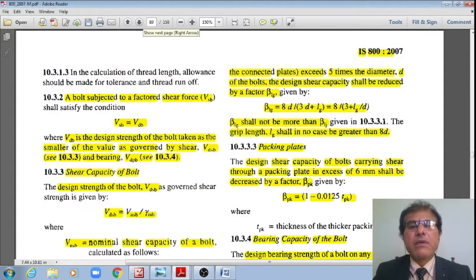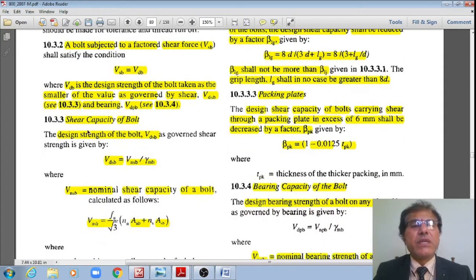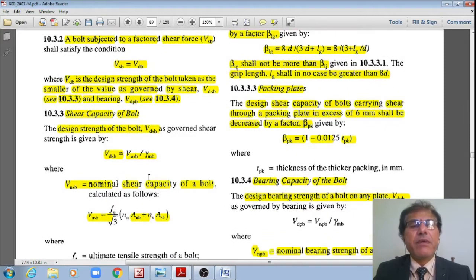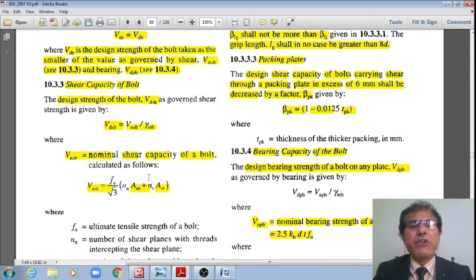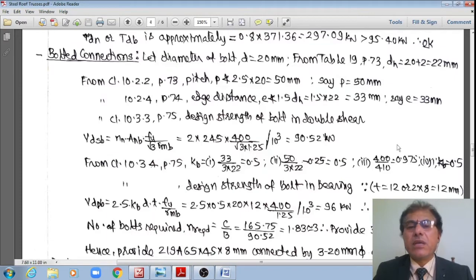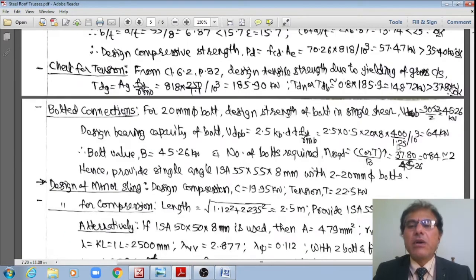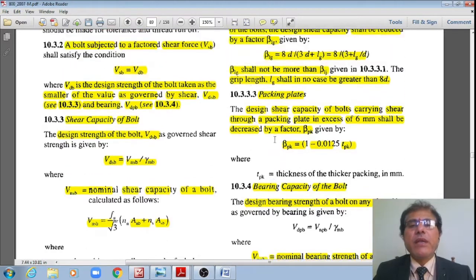Yes. Just now we have seen the shear capacity of the bolt, Vdsb equal to Vnsb divided by gamma mb, where Vnsb is equal to fu divided by root 3 times nn Anb. That was just now calculated. I got the result as 45.26.